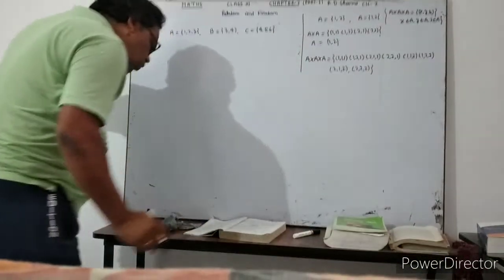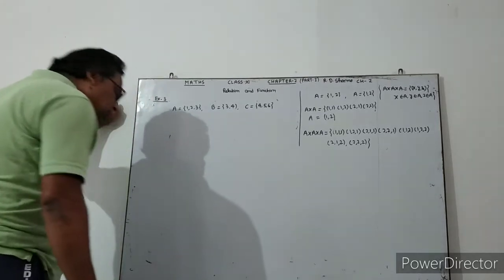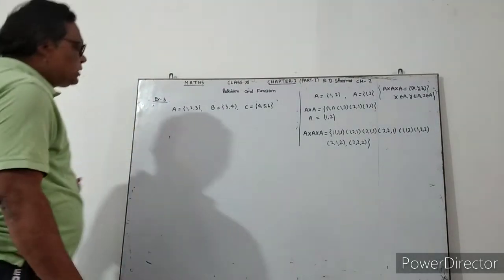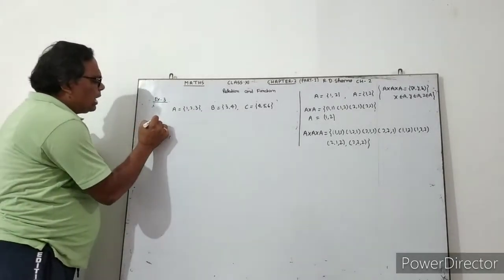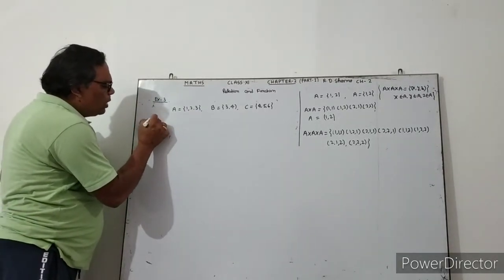Now, how can you find the A cross B intersection? Second part. First part is here, let's do the second part. We solve the second part.